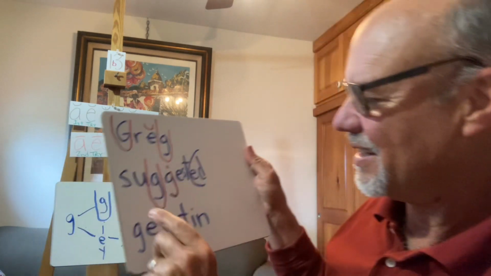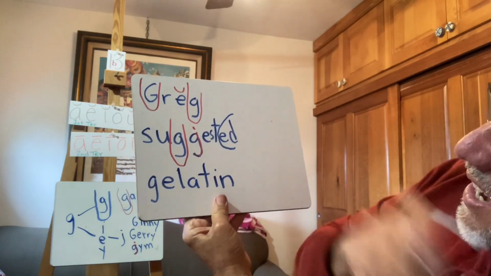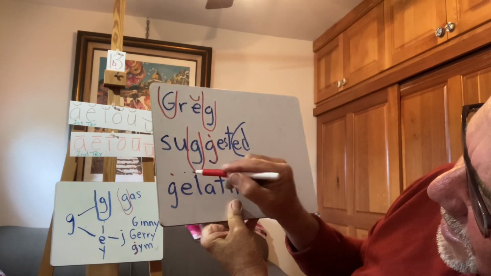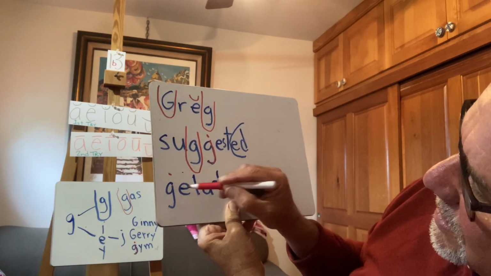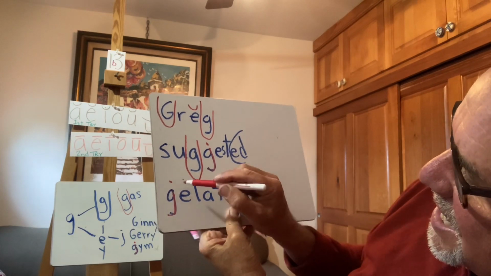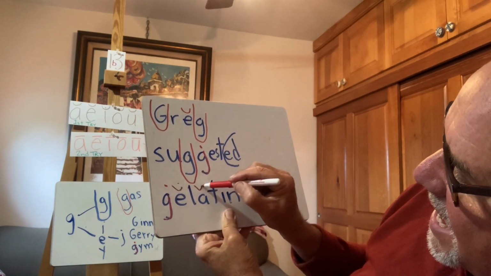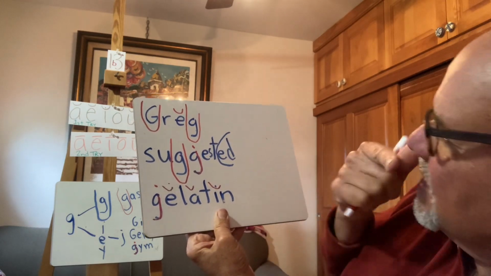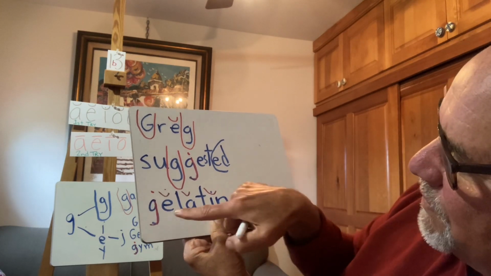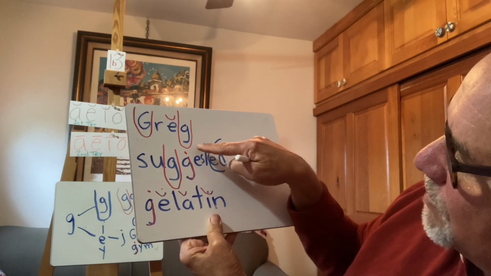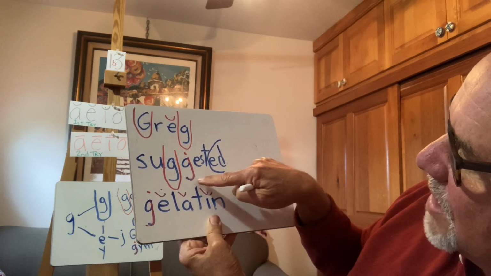It's jello. Okay, let's mark it. So we've got our G followed by I, E, or Y. Steals the J. Gelatin. So G followed by I, E, or Y steals the J.